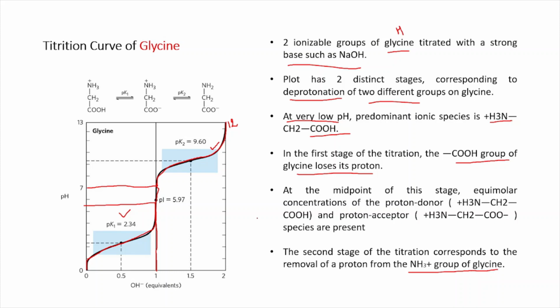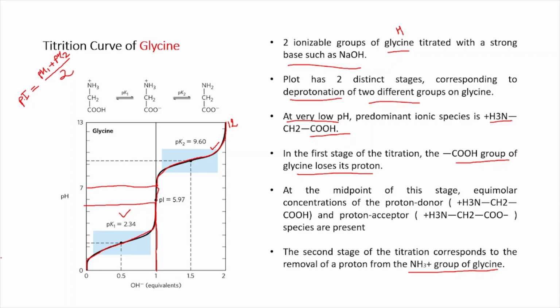Before we move on, if you observe the titration curve of glycine, how will you find the pI? The pI is the average of pK1 plus pK2, divided by 2.